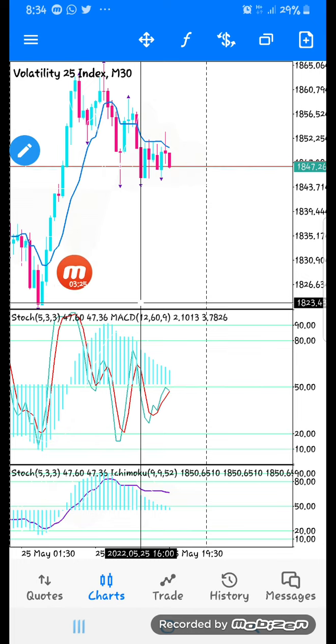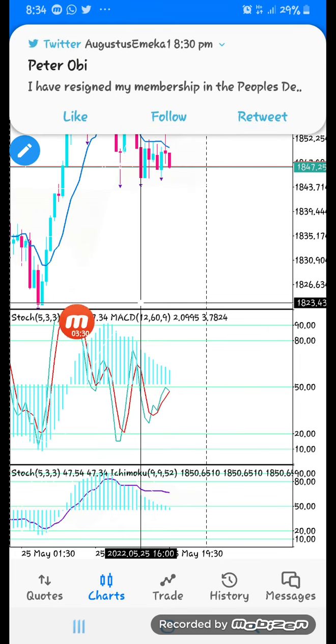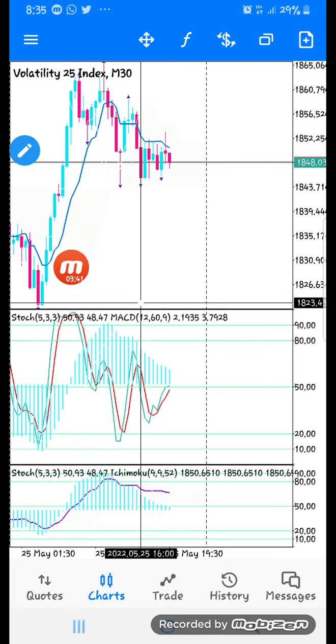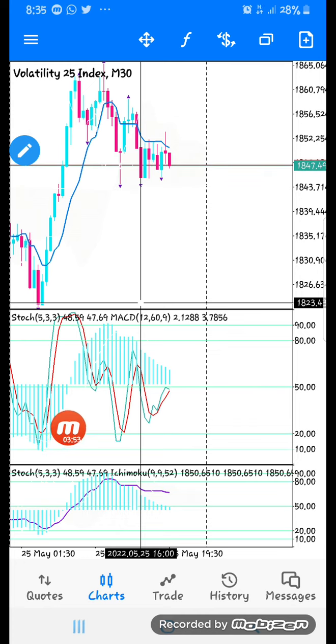The same thing that occurs here will also occur down here. You understand? So when you see that curve, another criterion is the stochastic, which should also be pointing in the same direction that the Ichimoku is pointing. Then when you see this breakout, the next candle is your entry point.